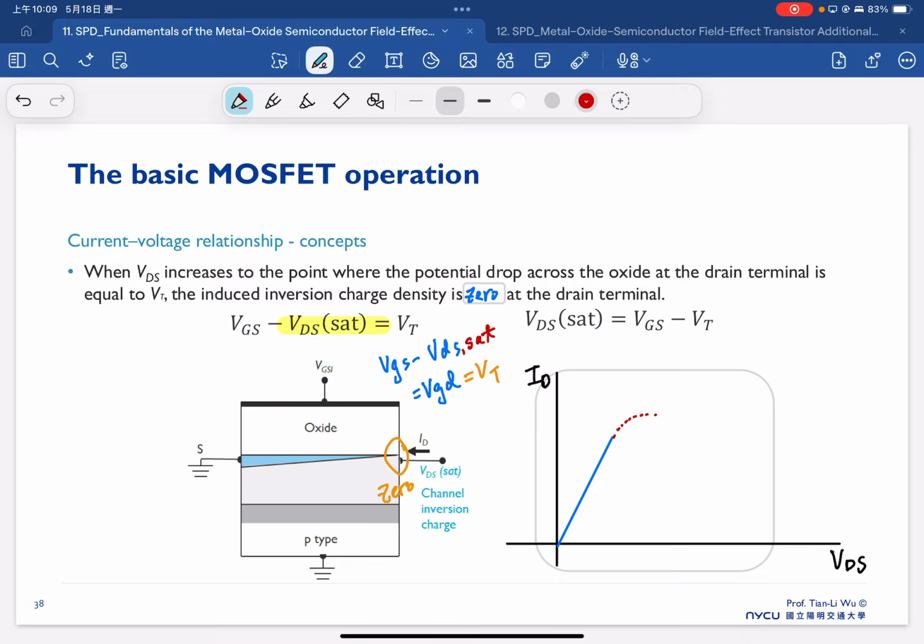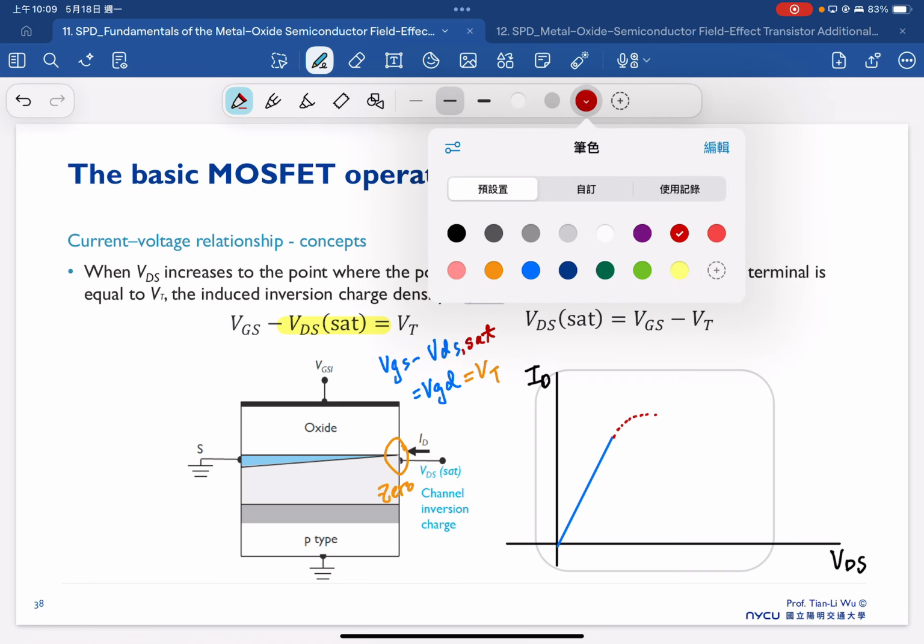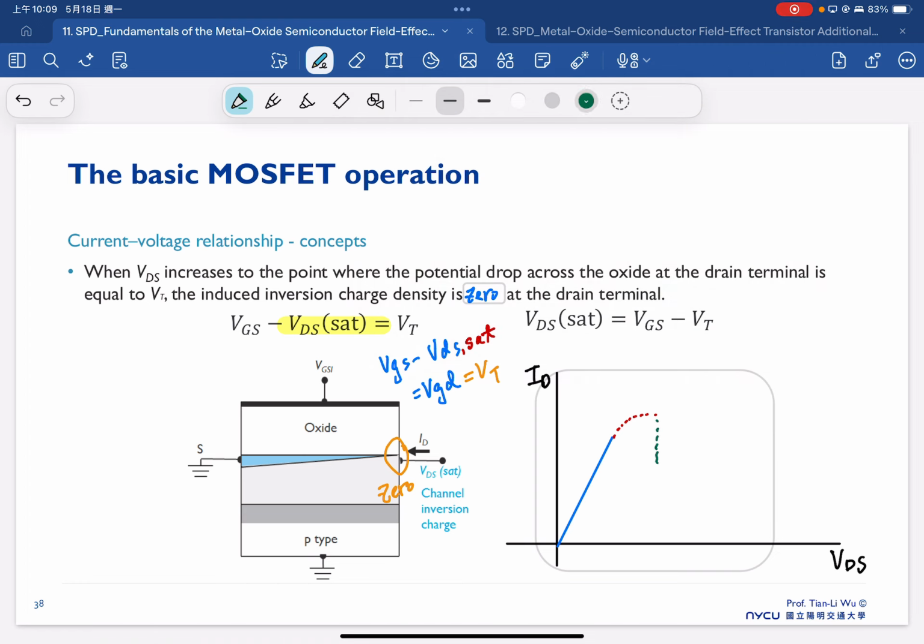Which becomes like here. And this is the point where the inversion charge density is equal to zero, which means this is the bias at which VDS reaches VDS set.